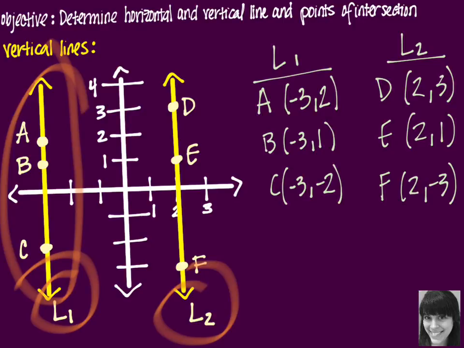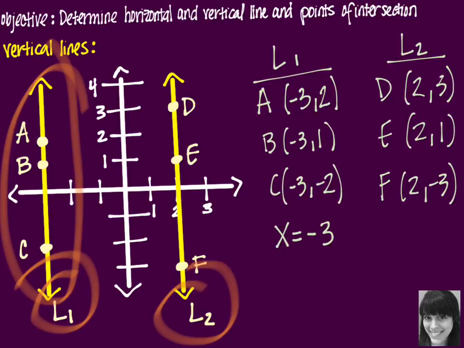The x value is always -3. So the equation of the line for this problem is going to be x equals -3. Because it doesn't matter what y is. It can be any value. But x is always going to be -3.